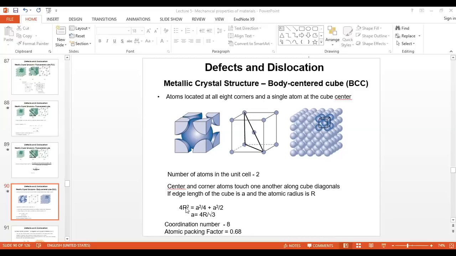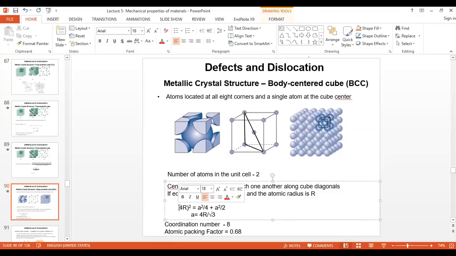If I consider the atomic radius as r, here this is 4r, because in this direction it is 4r, and its square equals this length squared. How do you get it? This is a, this is a, so this is the diagonal length. a square plus a square is 2a square, so this length is root 2 a.